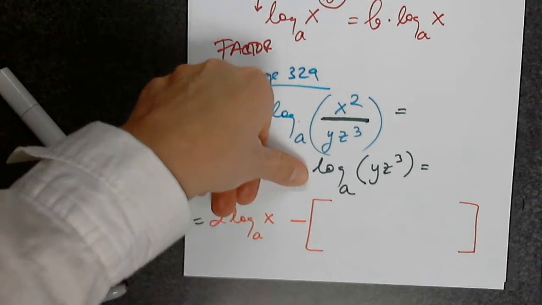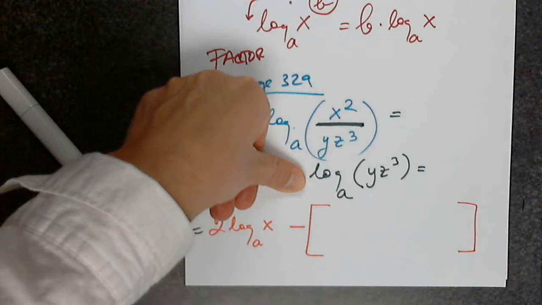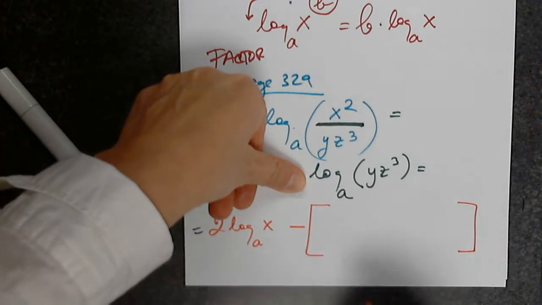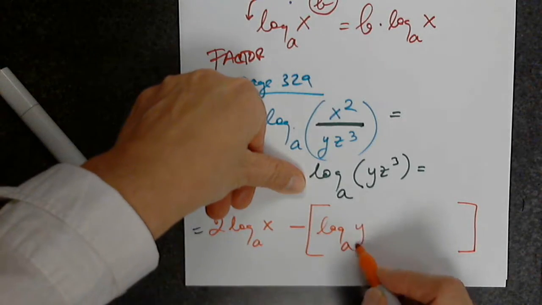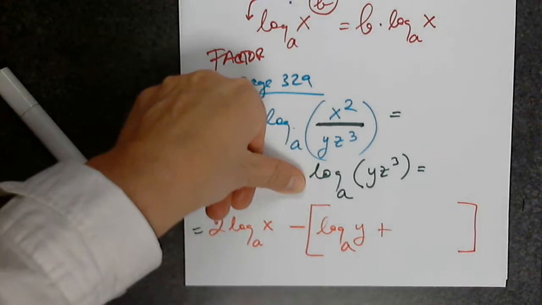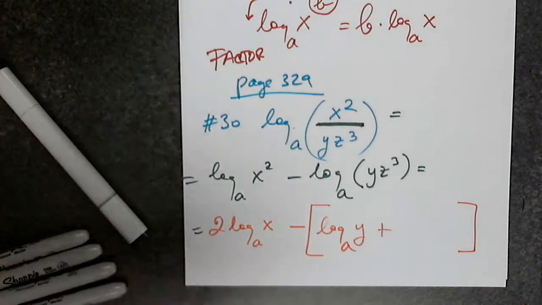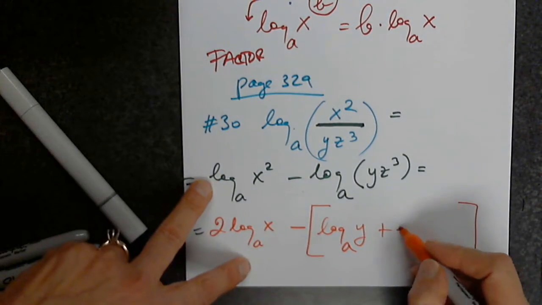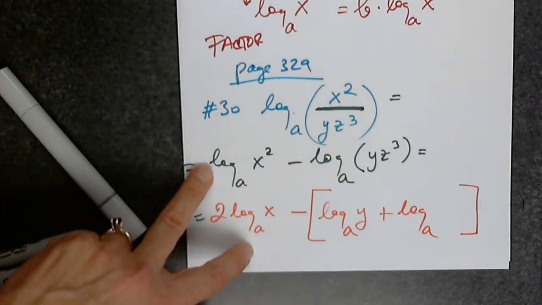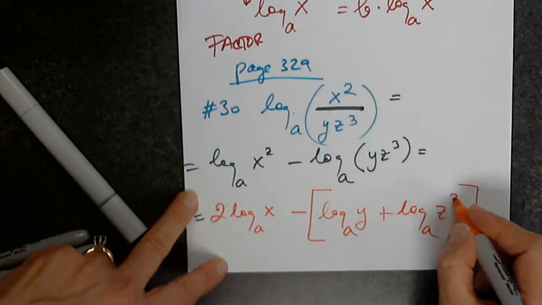So I have log base a of a product. What do I write? Log base a applied to exactly. You can, I accept that, but let's illustrate step by step. And then I have log base a of z cubed.